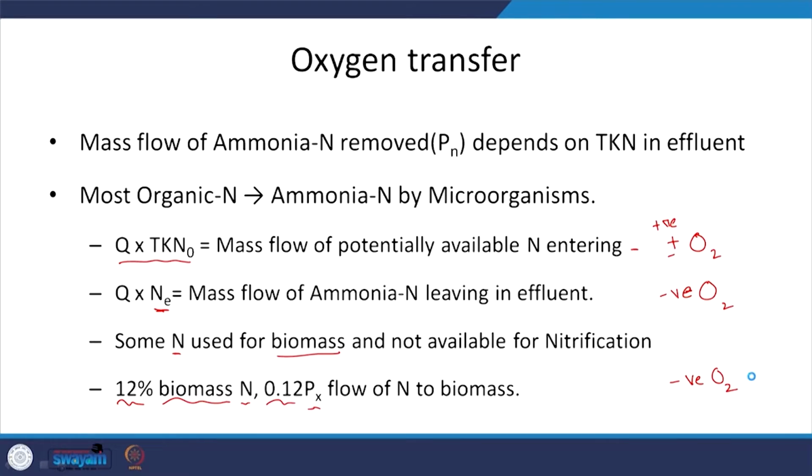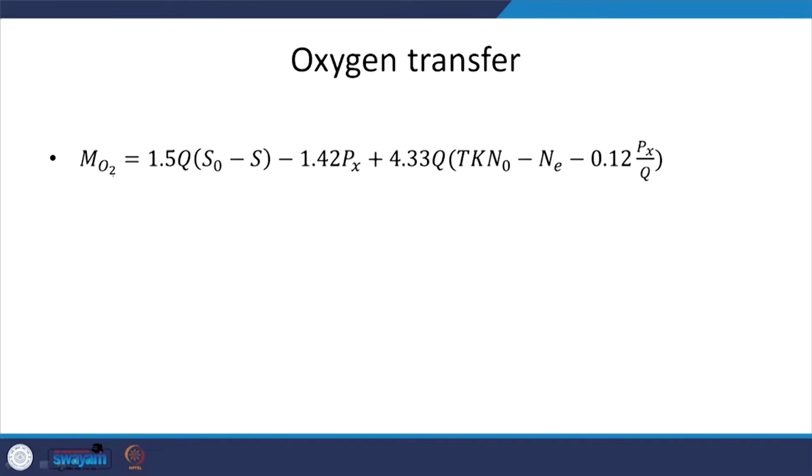So, now let us see what we have. Earlier we had the conversion factors with respect to substrate, microbes and nitrogen, and then the mass of substrate, mass of microbes and mass of nitrogen, right.